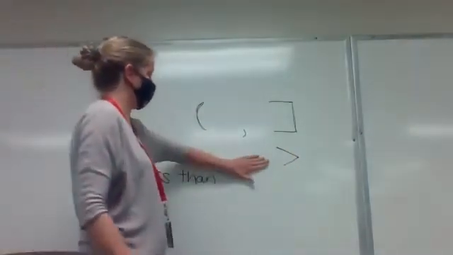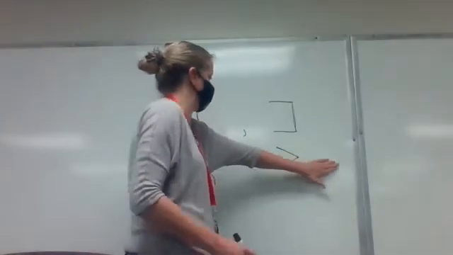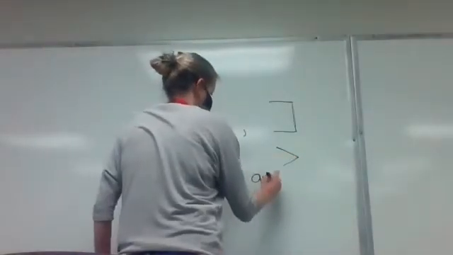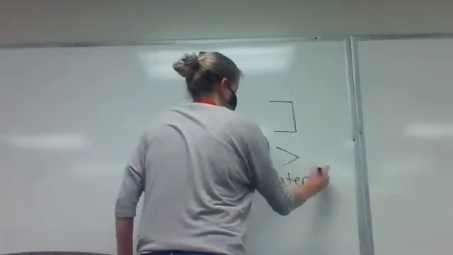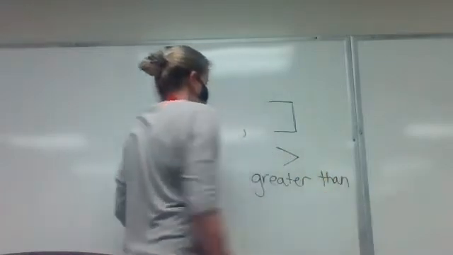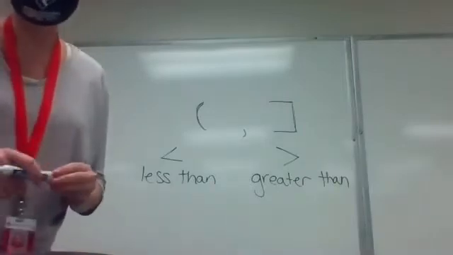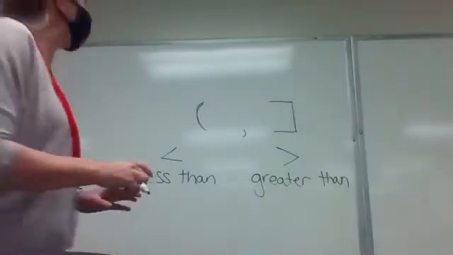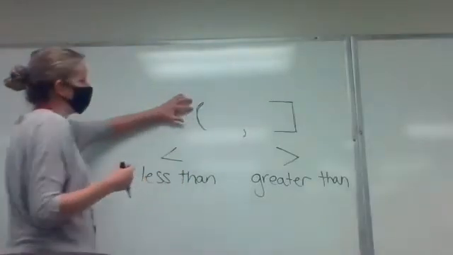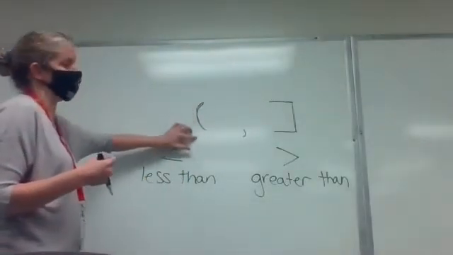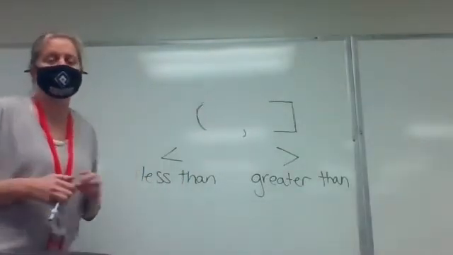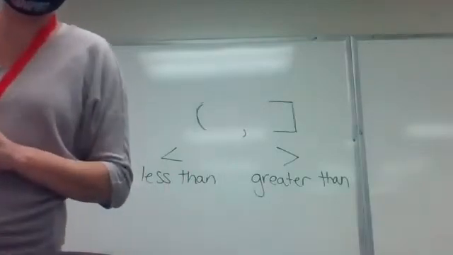This symbol means this side is greater than this side. If you see a less than or greater than symbol and you transfer that into interval notation, that is actually going to use a parenthesis around that number.